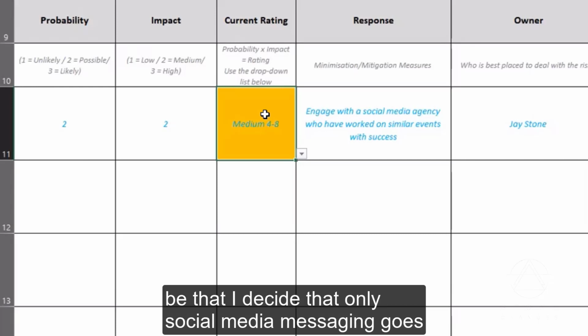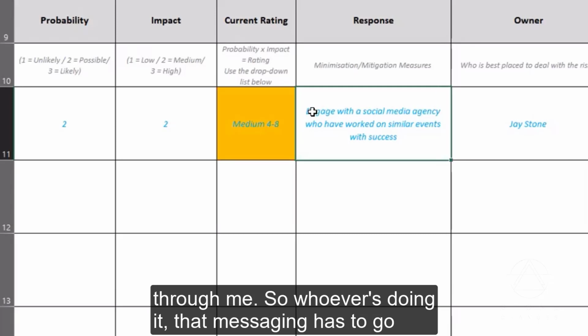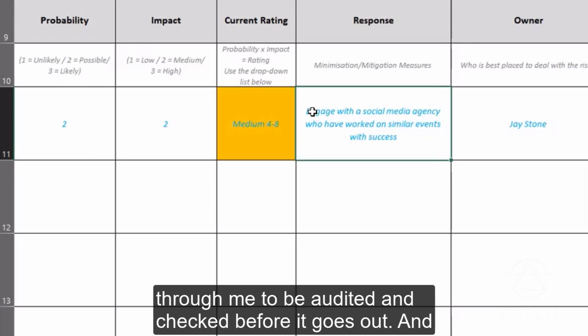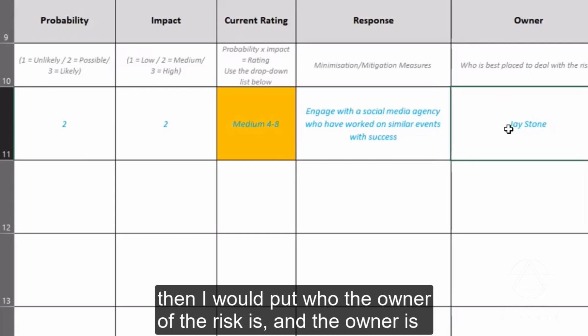It might be that I decide that only social media messaging goes through me. So whoever's doing it, that messaging has to go through me to be audited and checked before it goes out. And then I would put who the owner of the risk is.